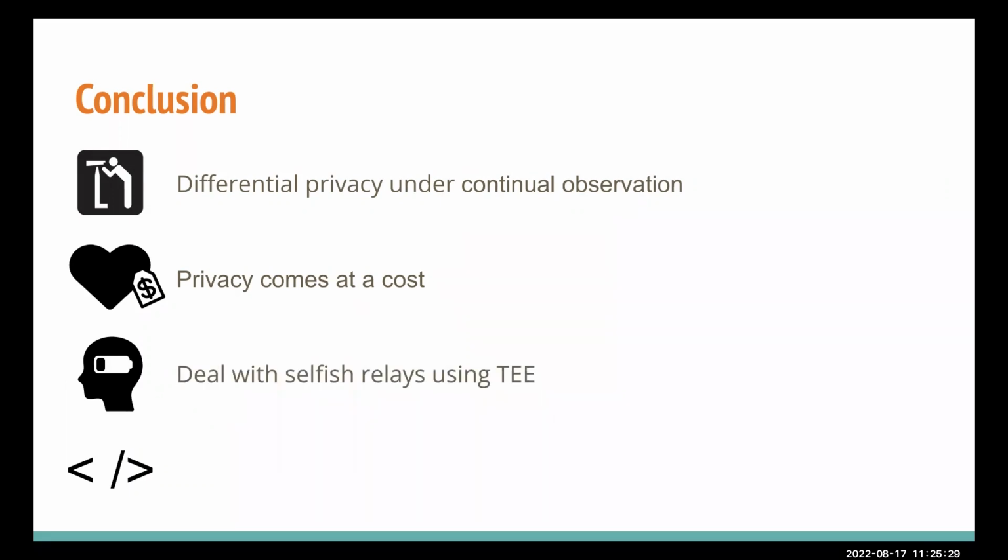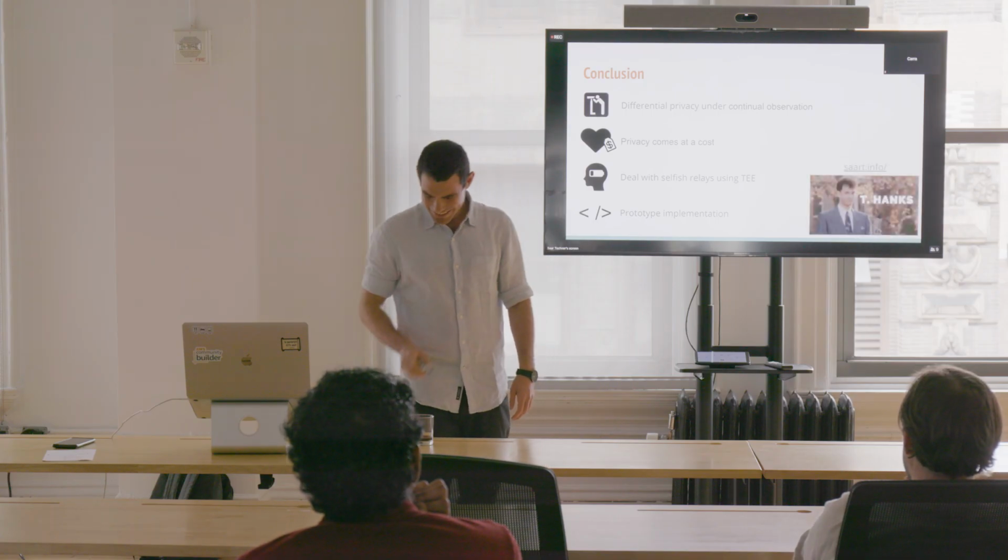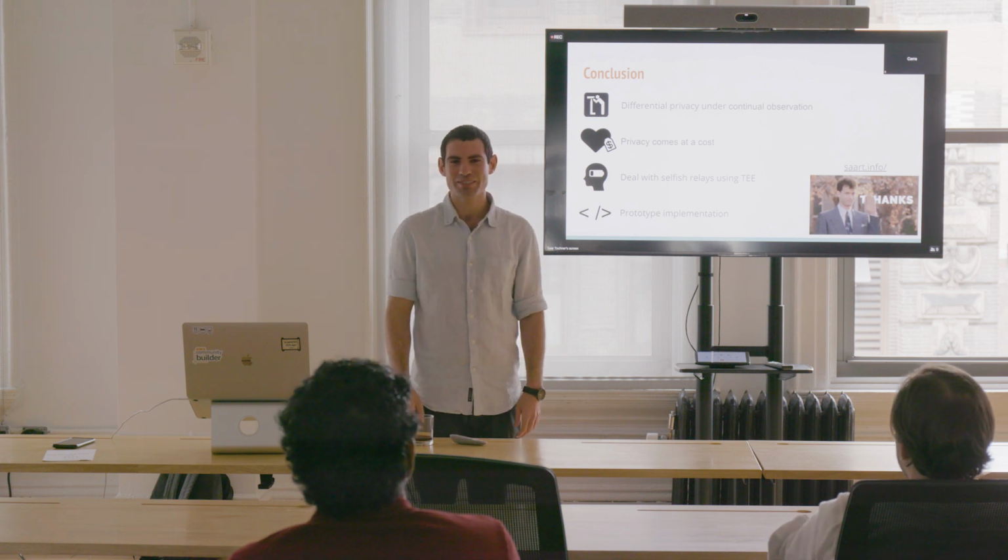Relays are selfish. They don't want to use Twilight. That's why we enforce them using TEEs. And we have a full prototype implementation that works, so you can use it tomorrow if you wish to do private payments. That's it. Thank you.